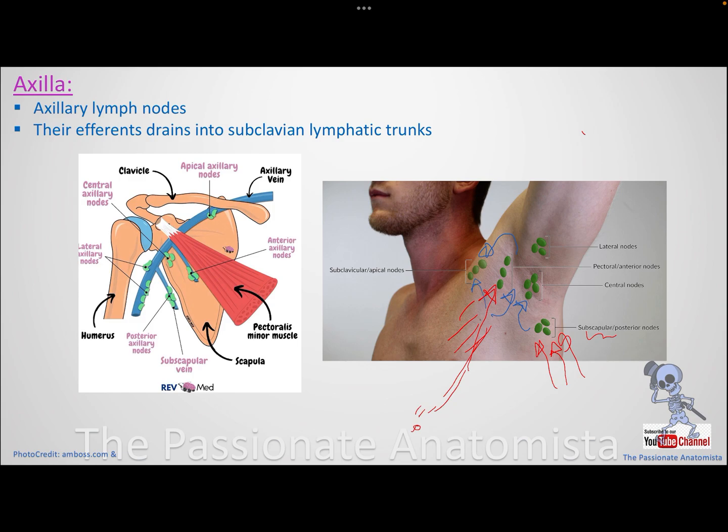So the subscapular drains from the subscapular region and posterior thoracic wall. The anterior group of lymph nodes drains the anterior chest and supraumbilical regions, and these will drain into central mainly, and from central to apical. They can also drain into the apical, all right. What about the lateral? Lateral also needs to drain into the axillary, and from axillary to apical. And from that, you're going to form those efferent vessels.